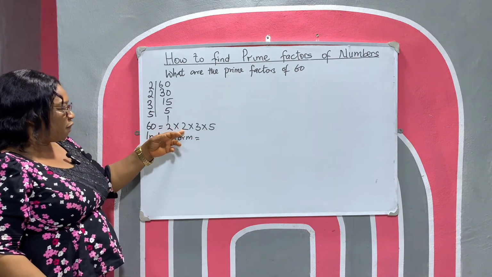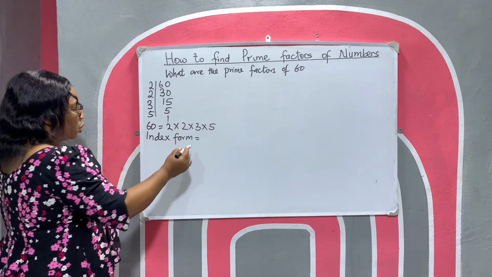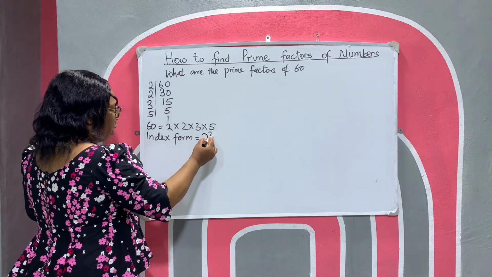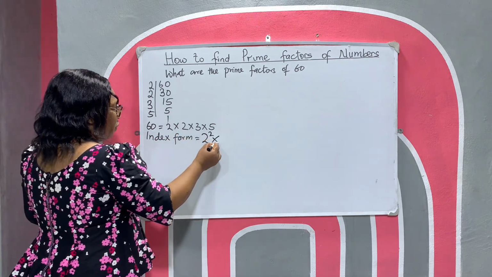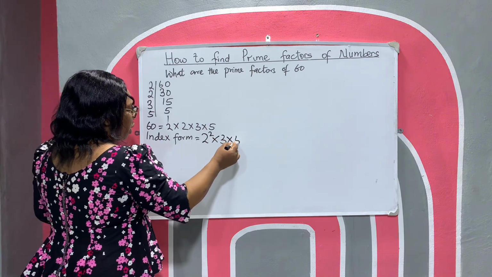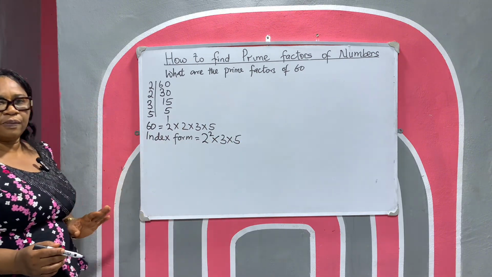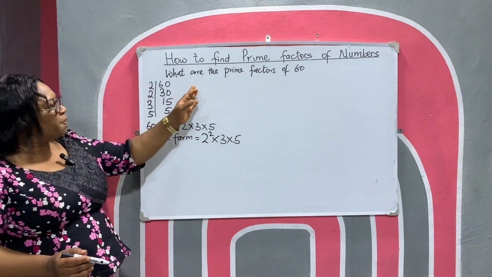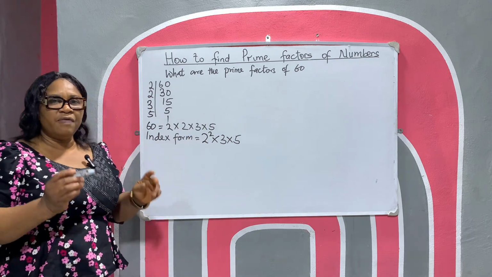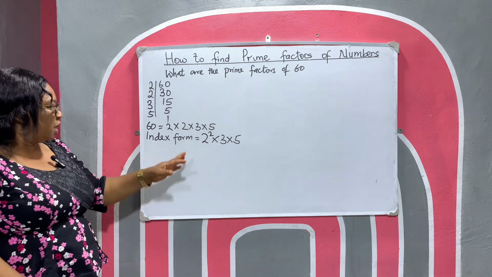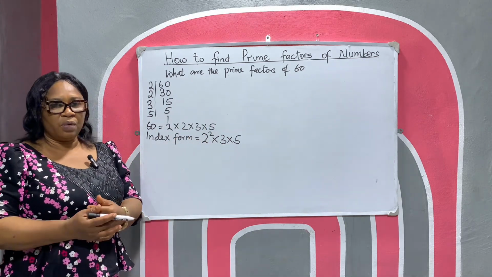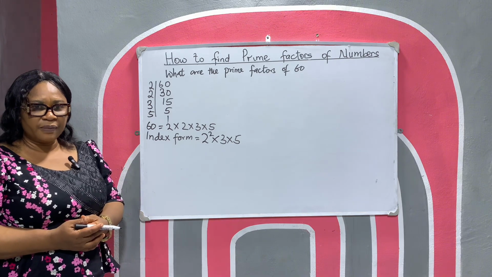How many 2s do we have? We have two 2s, so this is 2 raised to the power of 2. 3 appears once, so we leave it. And 5 appears once, we leave it. So this is the index form. If you're asked to find the prime factors of 60 and leave your answer in index form, this is the way to write it. Okay?